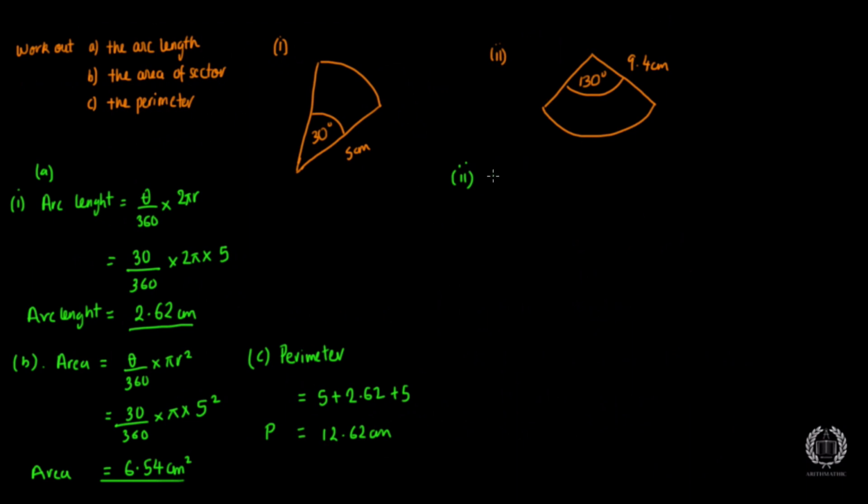So for A, to find the arc length for this sector, we're going to use this formula, theta over 360. Our angle is 130 over 360 times 2 pi, and my radius in this one is 9.4. If I put that all in the calculator, my arc length for this sector is equal to 100.2 centimeters squared.